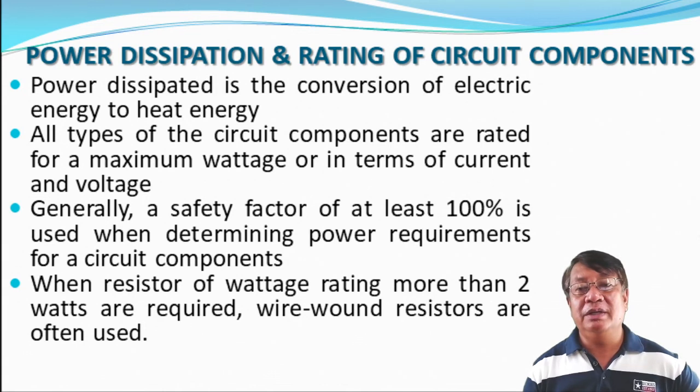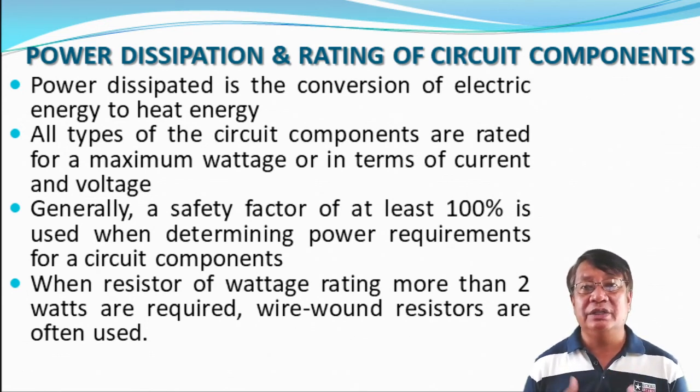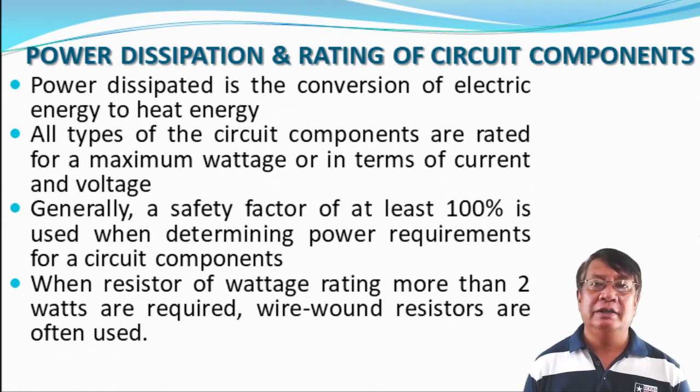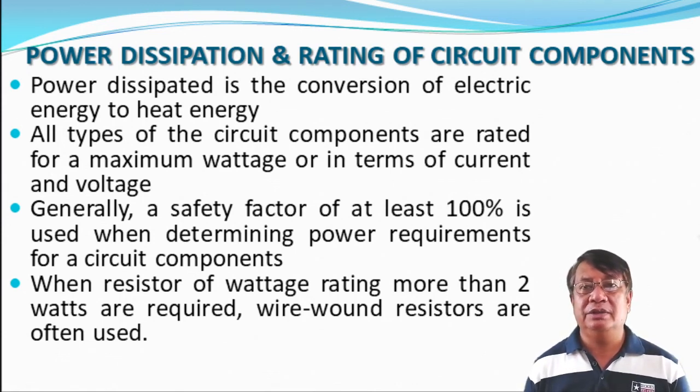When a resistor wattage rating of more than 2 watts is required, then wire wound resistors are often used. Anyway, we will discuss this more, no? And I think we discussed this in a previous discussion, chapter 3 about resistors.